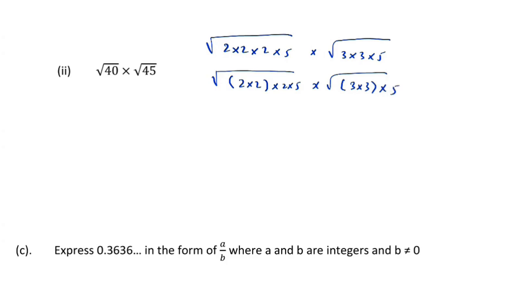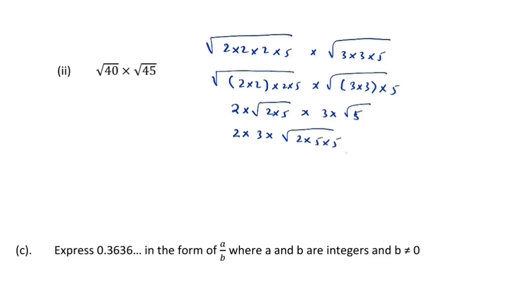The root of 2 times 2 equals 2, and the root of 3 times 3 equals 3. Then we are going to have 2 times under root 2 times 5 times 3 times under root 5. Let us combine the roots. We are going to have 2 times 3 times under root 2 times 5 times 5.